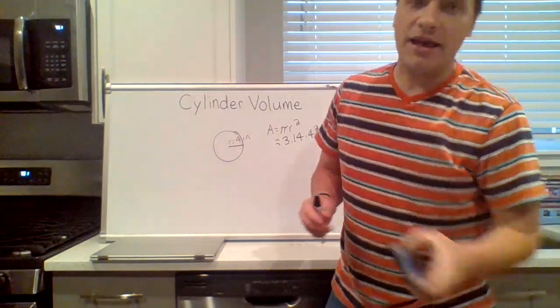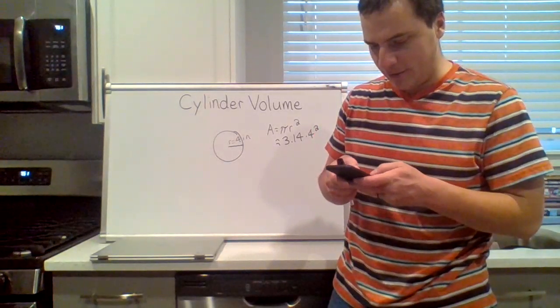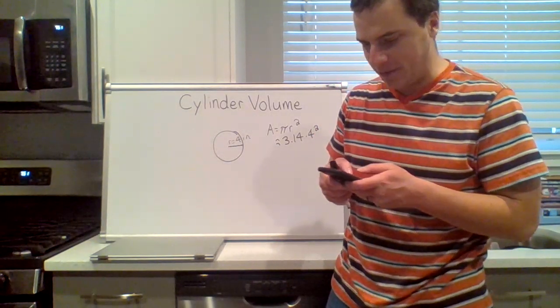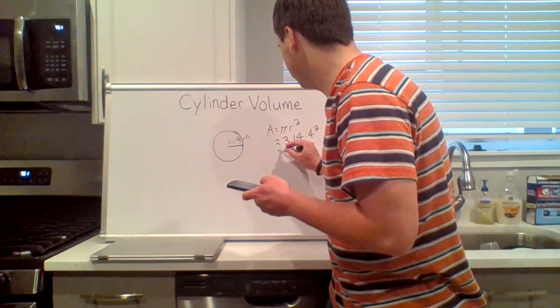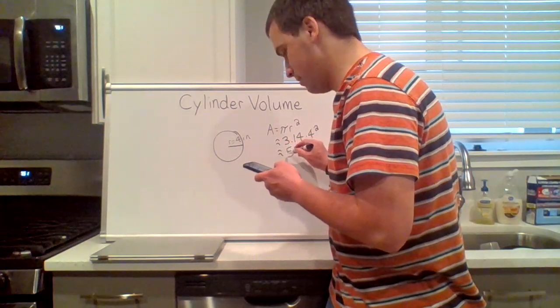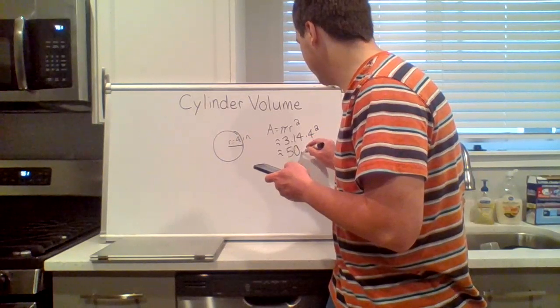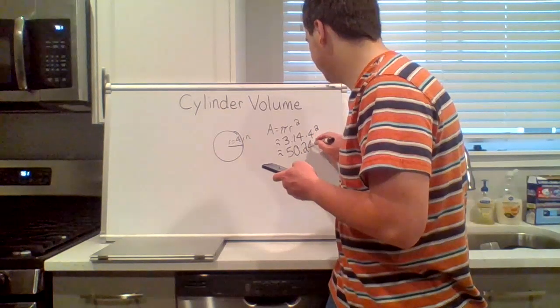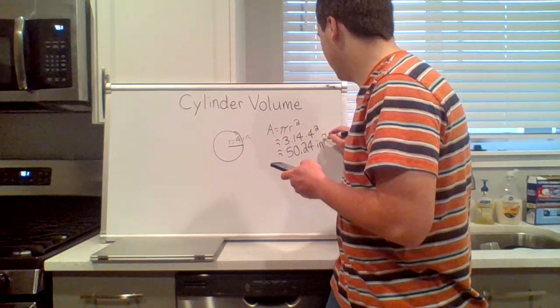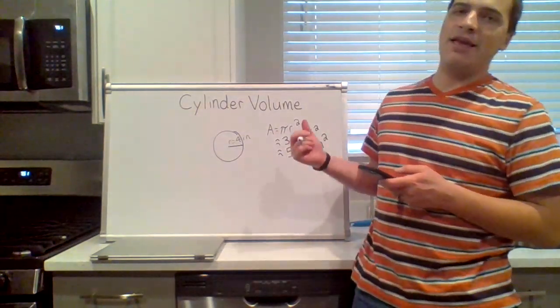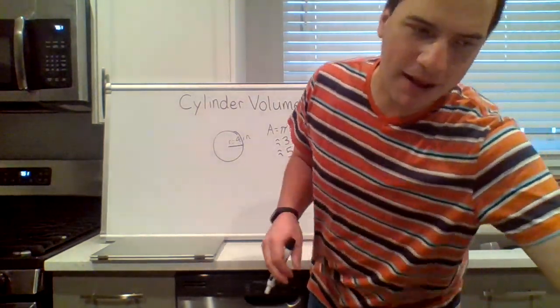So you take out your calculator and type in 3.14 times 4 times 4. That gives 50.24 inches squared. Alright, that is how you find the area of a circle given a radius.